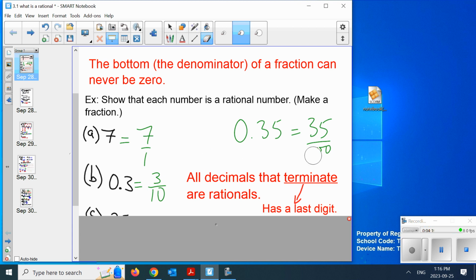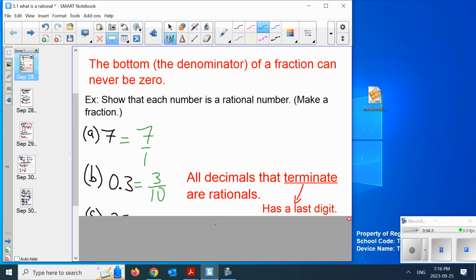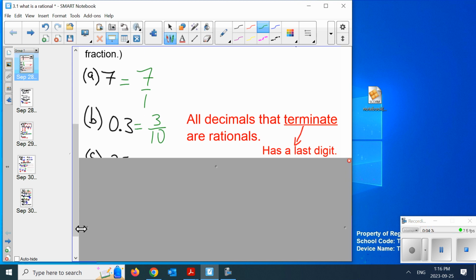You can reduce it because 35 and 100 are both divisible by 5. But I'm not even worried about that right now. I'm just saying get the fraction, and then see if you can reduce it. Not all decimals terminate, but the ones that do are rational.